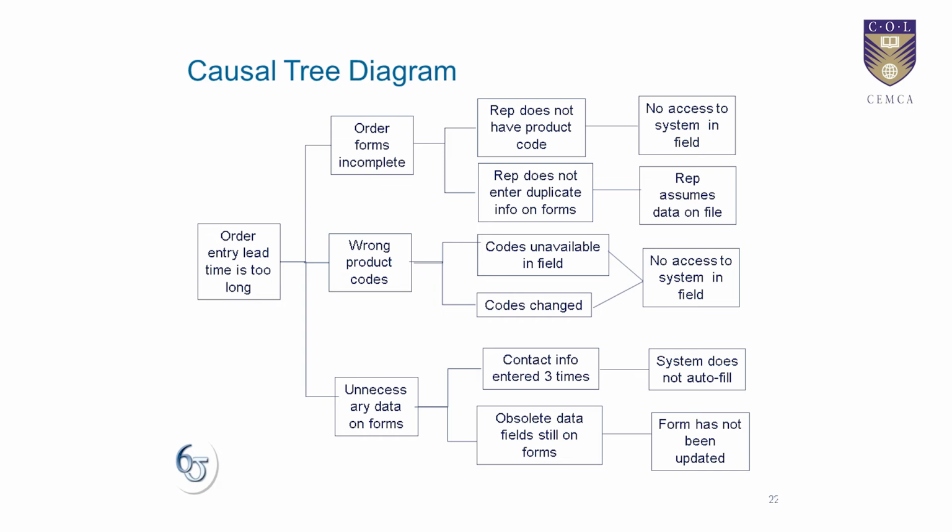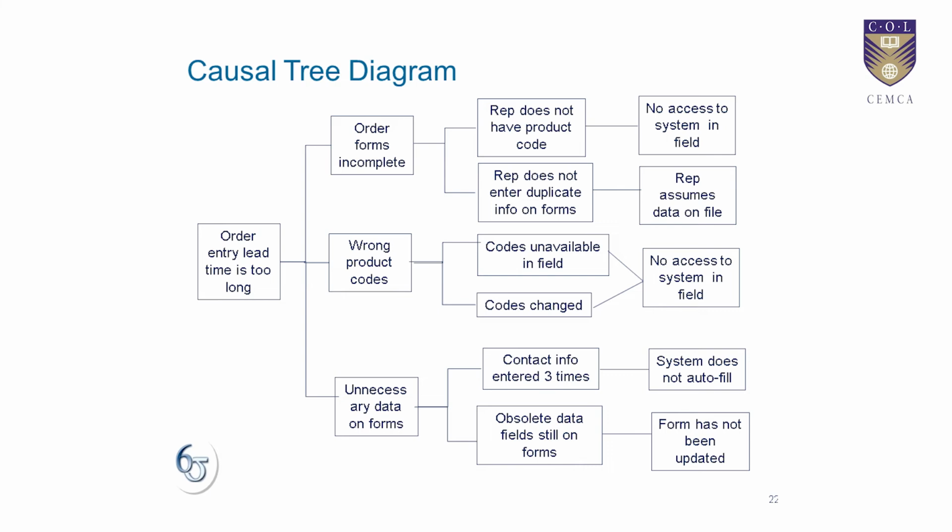So that's a lot of time we are taking. So this is how it shows why it is taking a lot of entry time for a product. Potential reasons can be order forms are incomplete, wrong product code, unnecessary data on the forms. Now for why the order form is incomplete, there can be two potential reasons. The representative does not have product codes, or the rep doesn't enter duplicate info on the form.